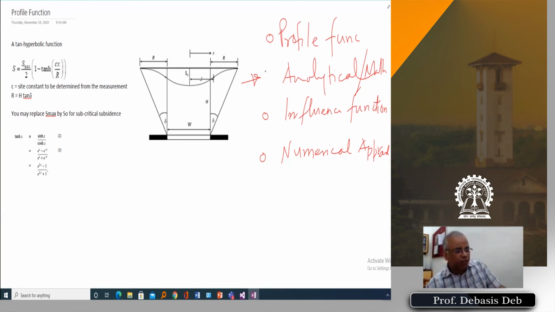But once we know that, it is a very interesting method. We can find out many things from this. If you read the book in your leisure time, you will see that the method is explained well. And the numerical approach is also hugely being used.